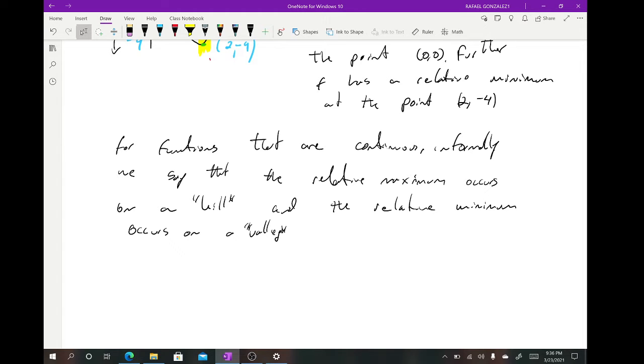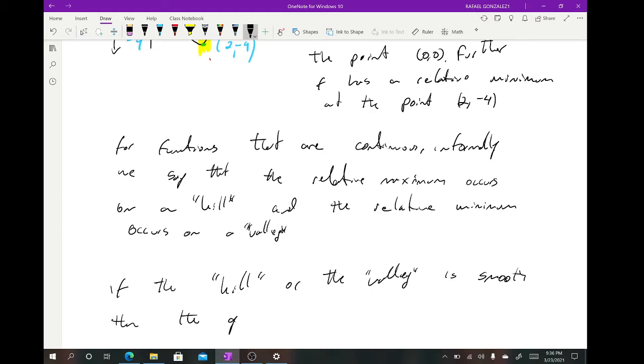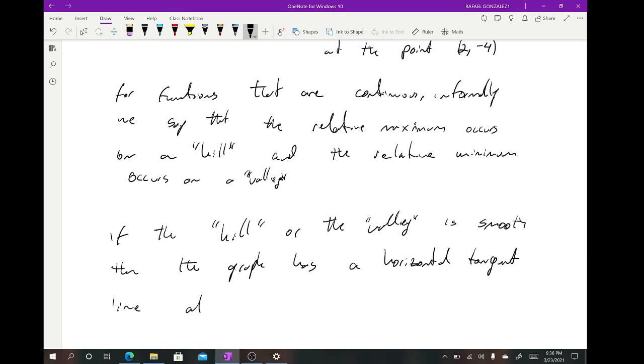Now, if the hill or the valley is smooth, then the graph has a horizontal tangent line at the maximum or minimum.